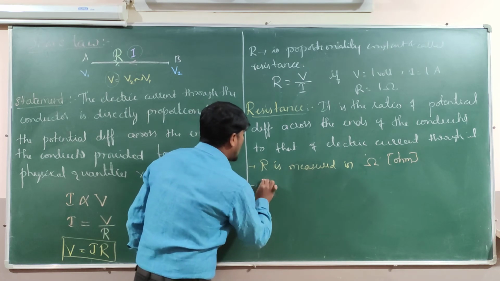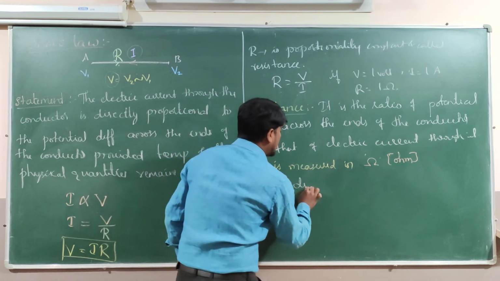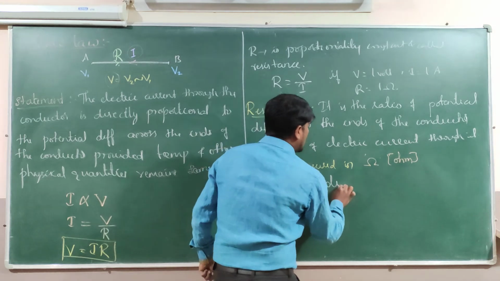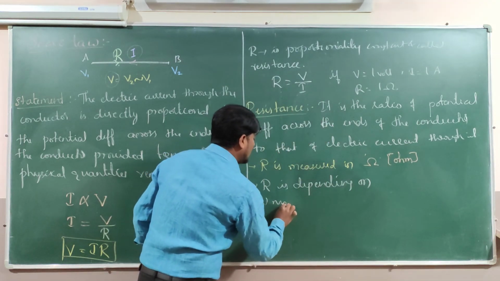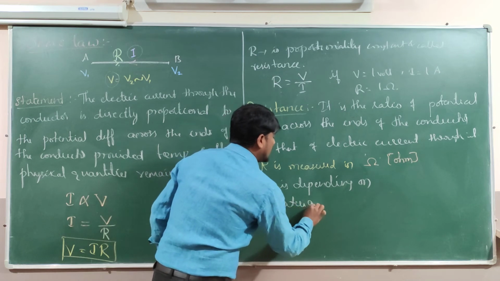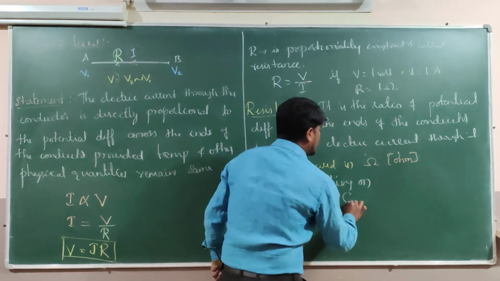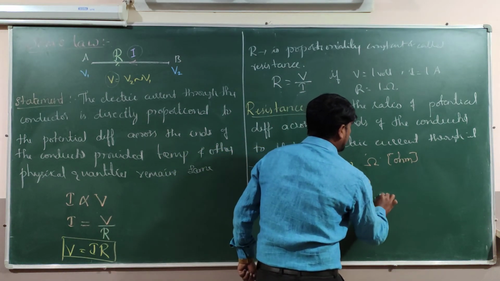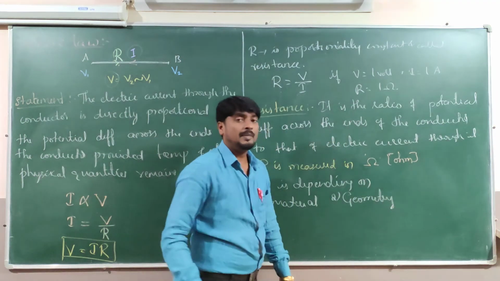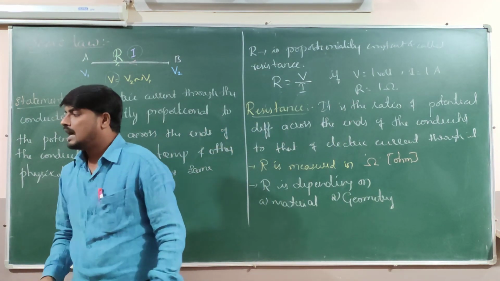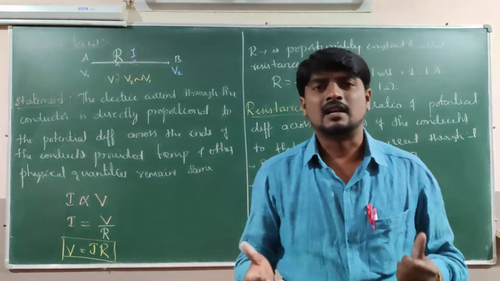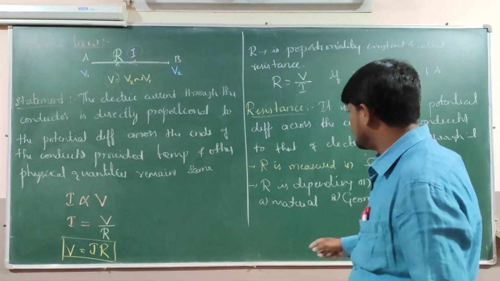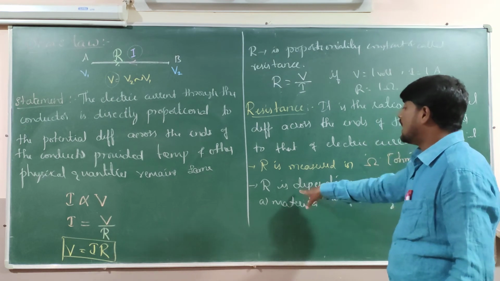So R is depending on, this is very, very important. R is depending on, first one is material. It is depending on material. The second one is geometry. Geometry means shape of the conductor, and based on the shape of the conductor, R is depending.